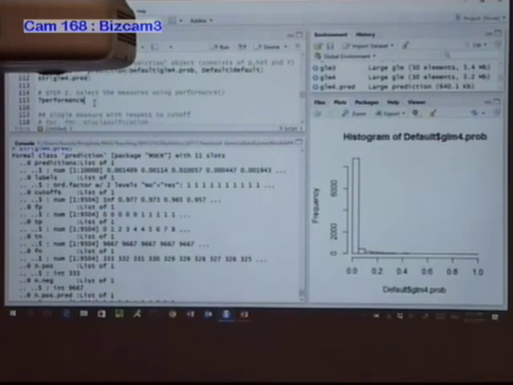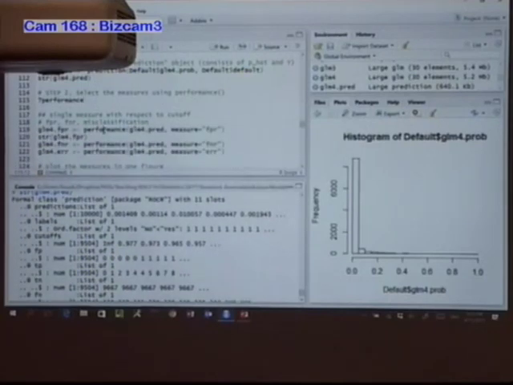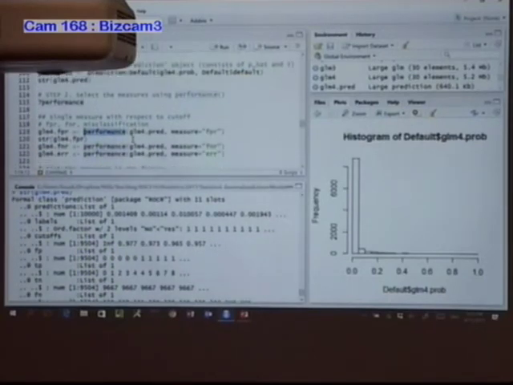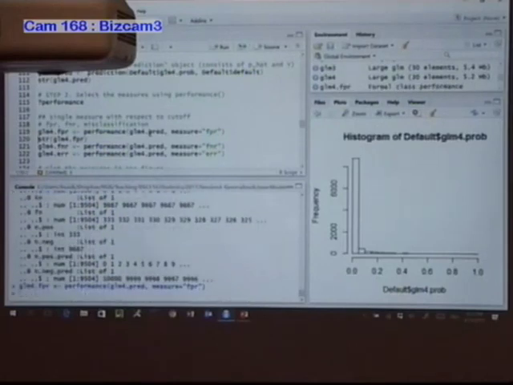And the second step is to calculate the performance measures by using the performance function in the ROCR package. The performance function just says, give me all the true positive, false positive numbers, and tell me what you want to calculate. Okay? For example, I'm doing false positive rate, as a function of the cutoff. Right? So let me run that.